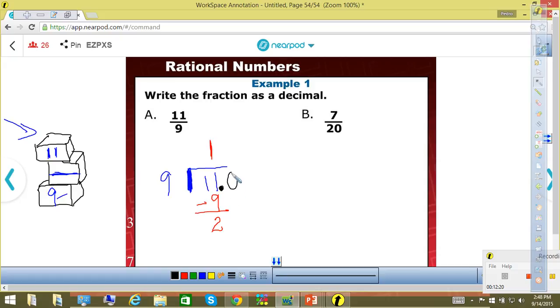No, so we add a decimal, 0, and we bring the 0 down. 9 fits into 20 how many times? 2. You write that in here. That is 18. Subtract, that's 2. And what do you guys notice? It's going to start repeating. So if I bring this down, it's 20 again. That means this is going to be 2.